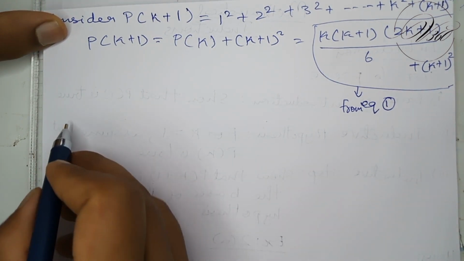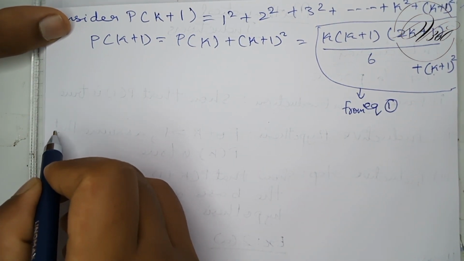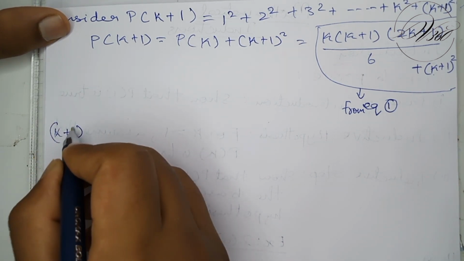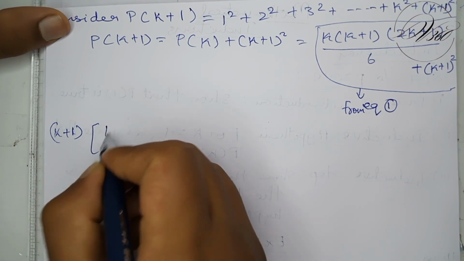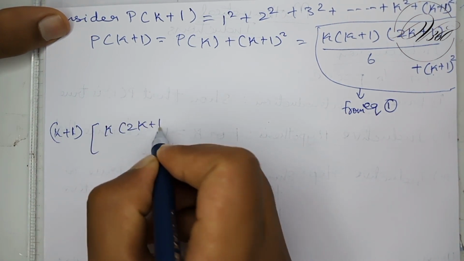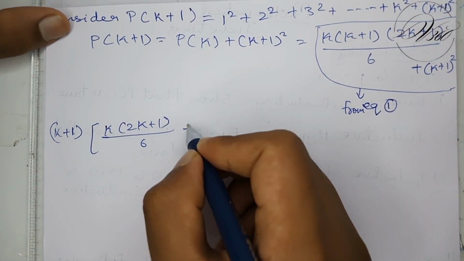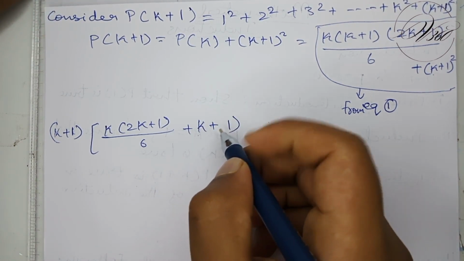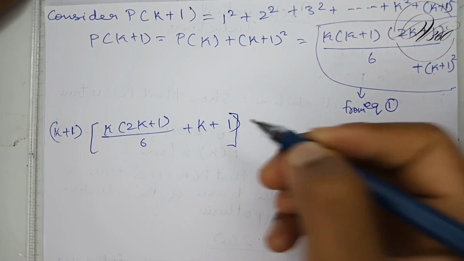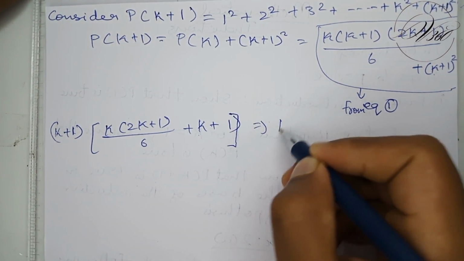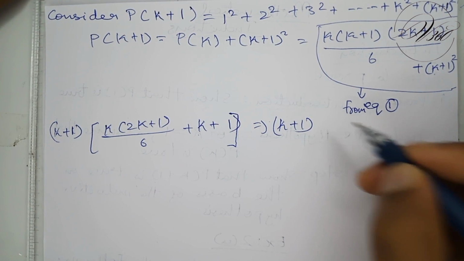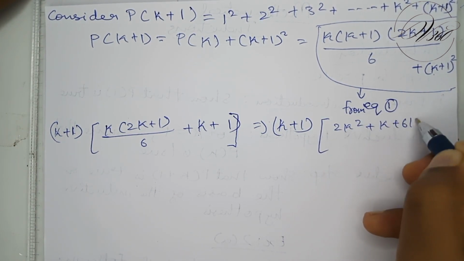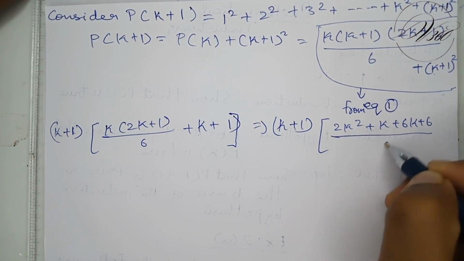Now I will write here (k plus 1) of [k(2k plus 1) by 6 plus (k plus 1)], big bracket. Then we will get (k plus 1) of (2k square plus k plus 6k plus 6) by 6.